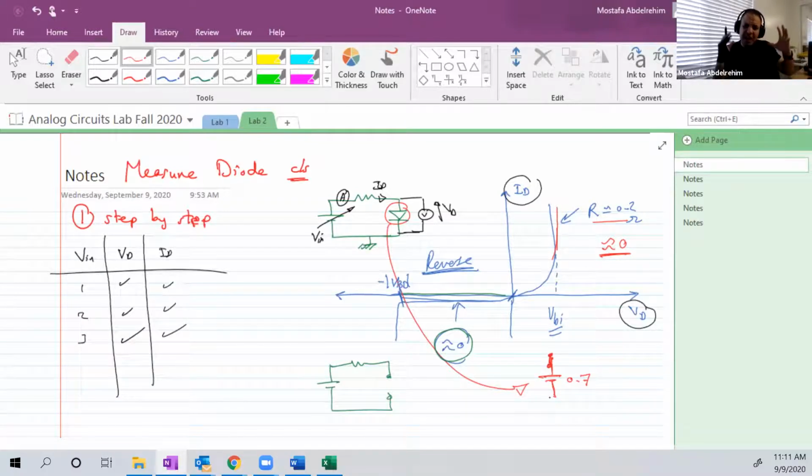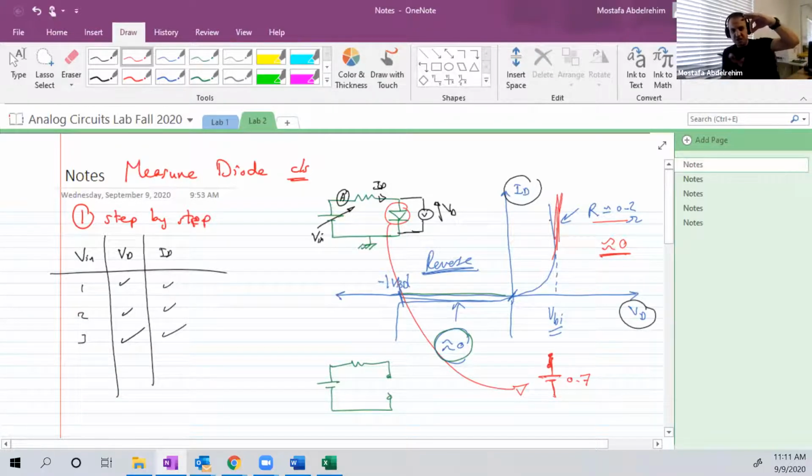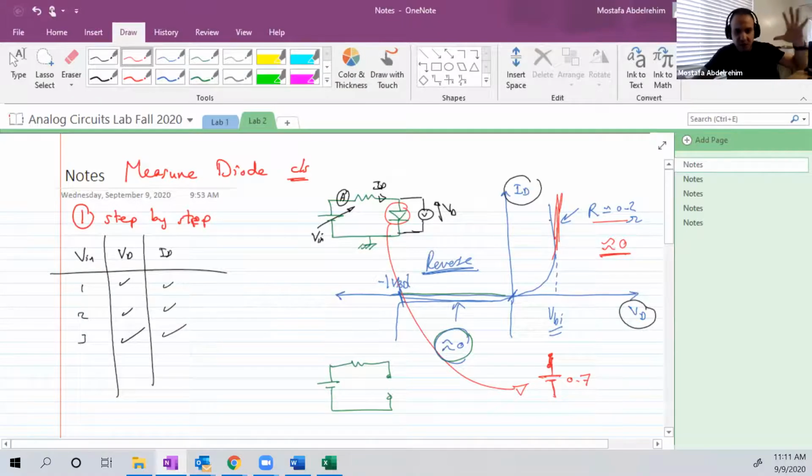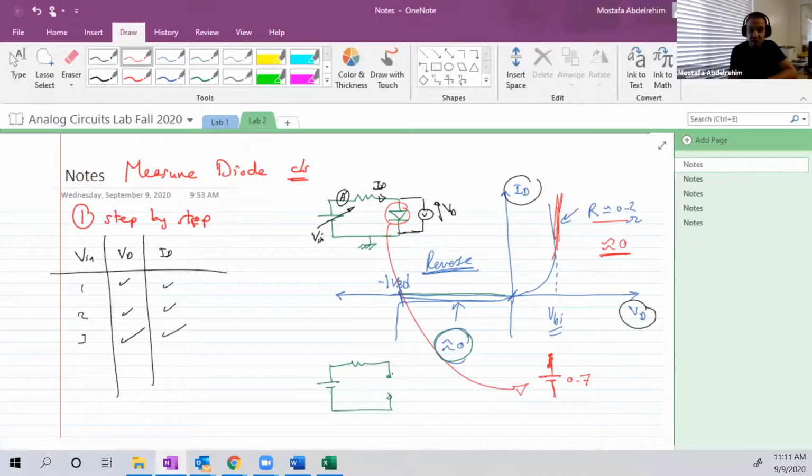So we can imagine the diode, when it's operating in that region, as a short circuit, meaning it has no resistance, in series with a battery with voltage equal to 0.7. And in reverse, we can imagine it as an open circuit. You can just remove it from the circuit, and you will do that a lot in the future when we do circuit analysis with diodes.